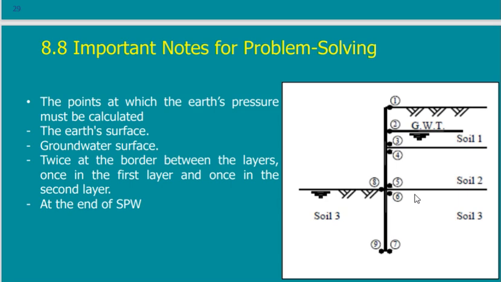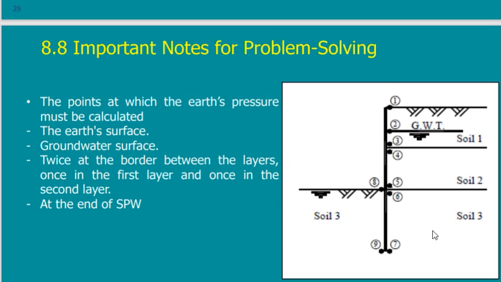But I will not consider this. I will go to a general rule: I will take water alone and effective stresses of soil alone. This will be the general rule that we will use for all cases. If I have a groundwater table, take the water alone, because water is a little bit complicated and not that straightforward, and continue your problem considering the effective stress.